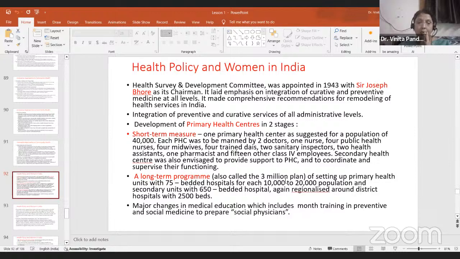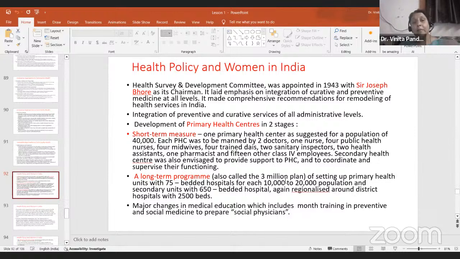So when you're talking about women's health at a community level, there is individual responsibility, family responsibility, and also responsibility at the community level. And when we are talking about the community level, that is where health related policies become very important.